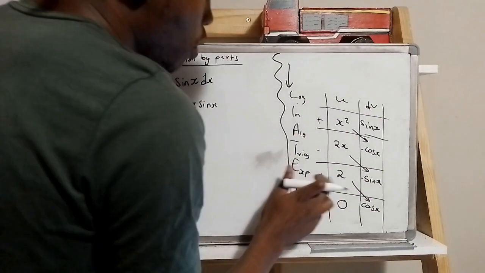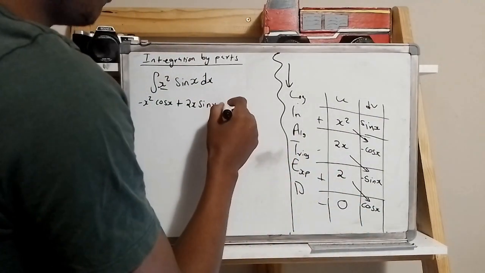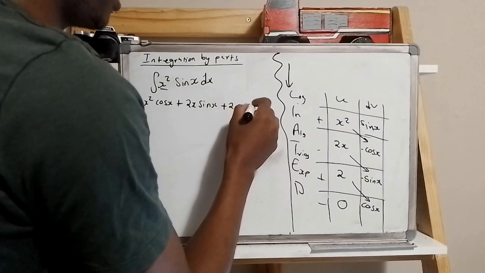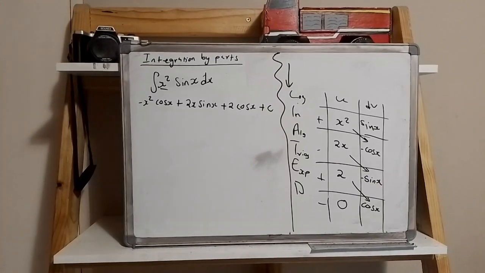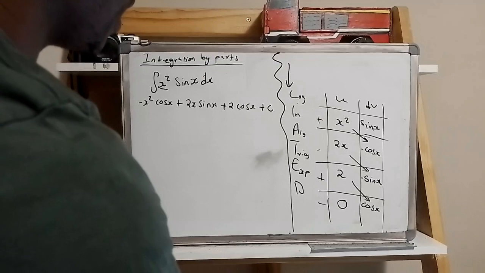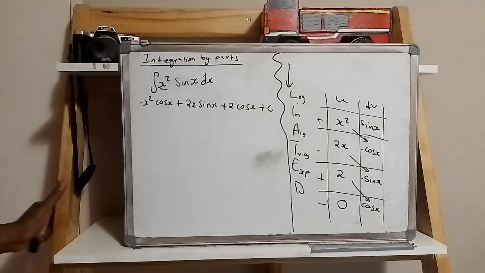Then positive 2 multiplied by cos x will be 2 cos x plus the value of c. That is how I'm going to integrate: negative x squared cos x plus 2x sine x plus 2 cos x plus c.